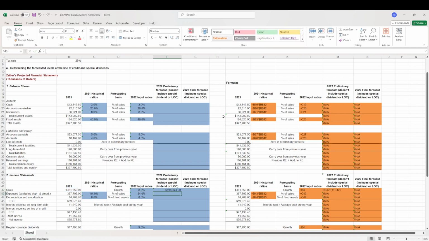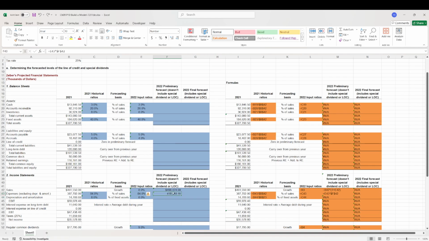So it's gonna be this number, and then it's gonna be the ratio multiplied with sales, right? So I'm gonna again put a $ here so that it's easier when I copy and paste. So I got these numbers, and then all I need to do is maybe drag it, I guess.